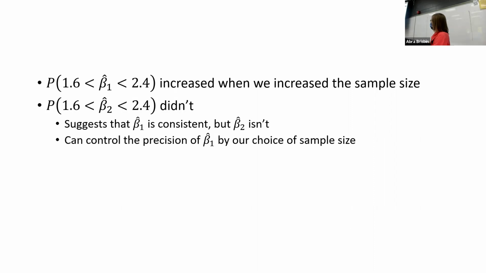So that's suggesting that beta 1 hat is a consistent estimator for beta, and beta 2 hat is not. So we can control how precise beta 1 hat is by increasing the sample size, but we don't have that same level of control over beta 2 hat.